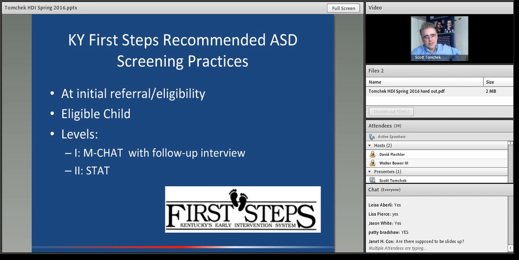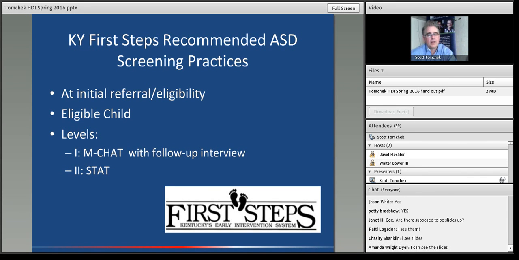What the state did, about a year ago, is this: at the time of referral to First Steps, rather than moving forward with an eligibility determination for developmental delay, the state lead agency decided to sort out this diagnostic issue first. Prior to determining the child eligible with developmental delay and moving forward to an IFSP, the state changed procedure and policy a bit, so that children get screening up front.